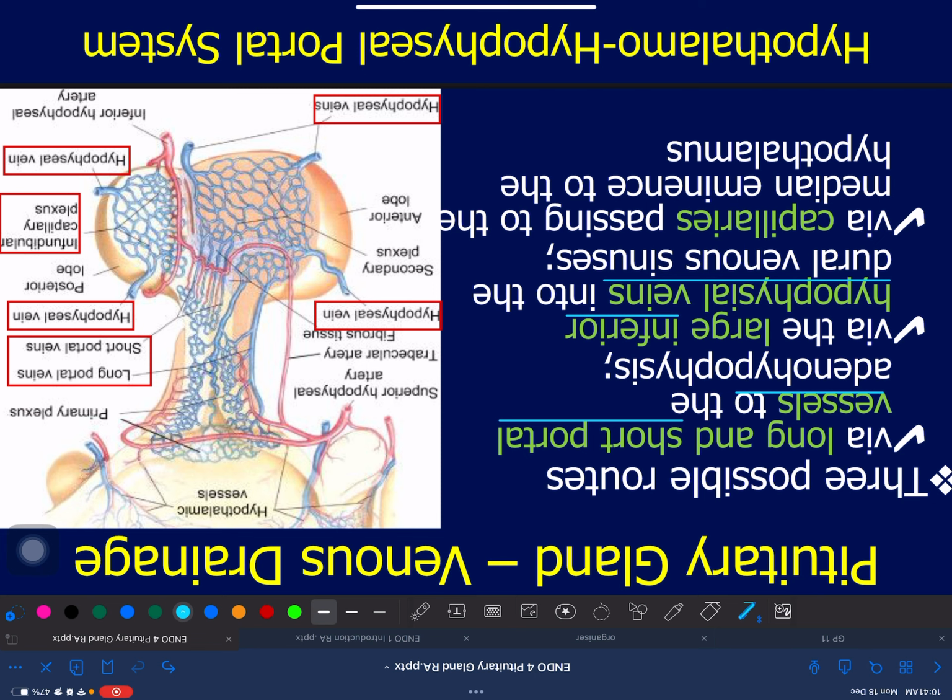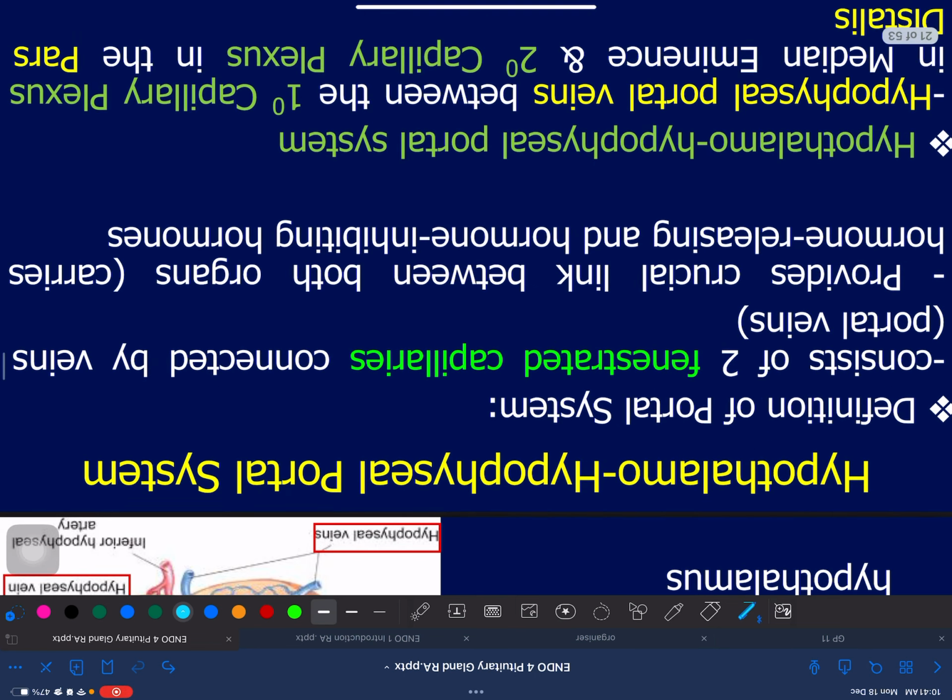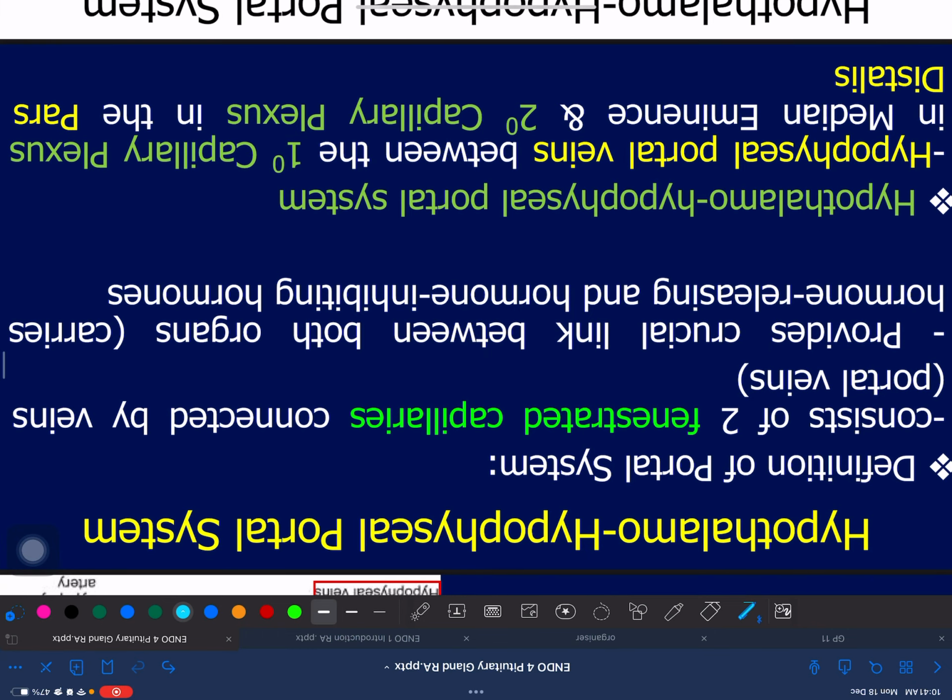Hypothalamo-hypophyseal portal system. This belongs to the anterior pituitary. It consists of two fenestrated capillaries connected by a vein. The vein is called the portal vein. It provides a link between both organs, the hypothalamus and pituitary, for hormone release and hormone inhibiting.